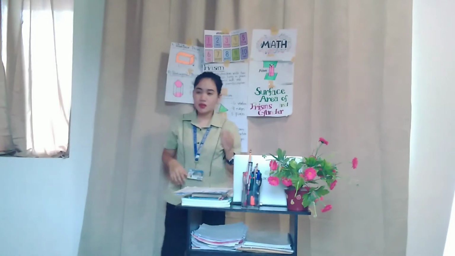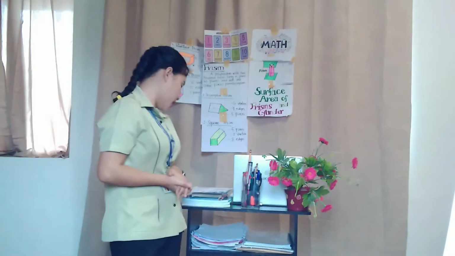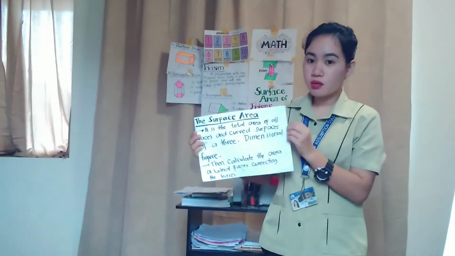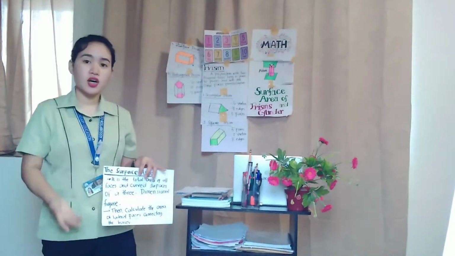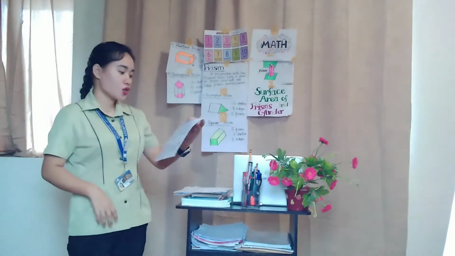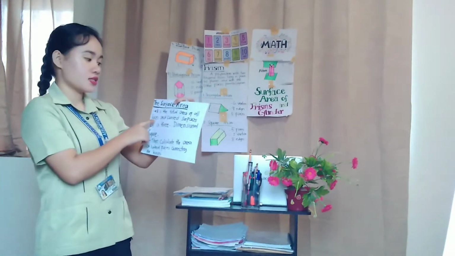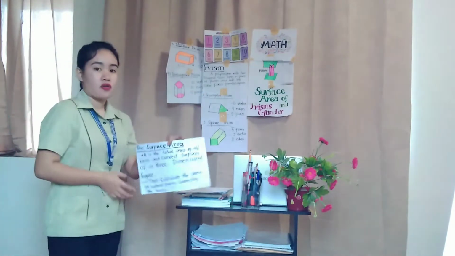Now, last, we have the surface area of a prism, such as lateral area. We're going to find the lateral area and the surface area of right rectangular and triangular prisms. The surface area is the total area of all faces and curved surfaces of a three-dimensional figure.